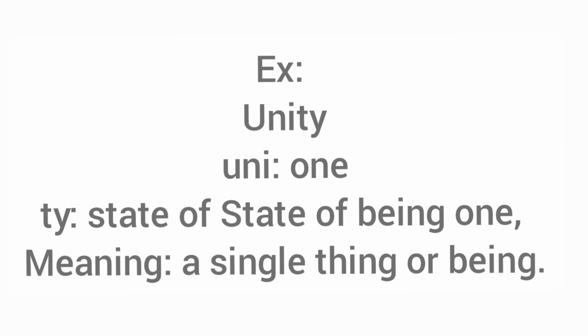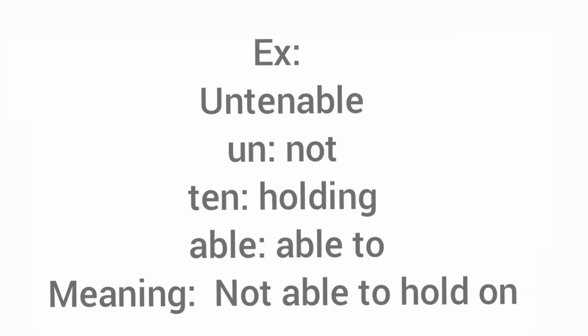Uni means one. Ty means state of being one, a single thing or being. We have another example, untenable. Un means not, ten means holding, and able means able to. So this means, in a word, not able to hold on.